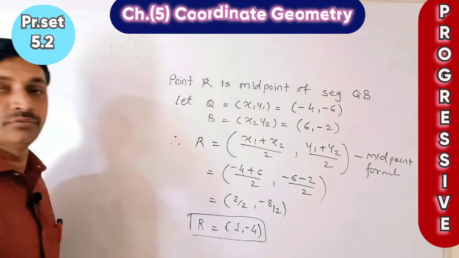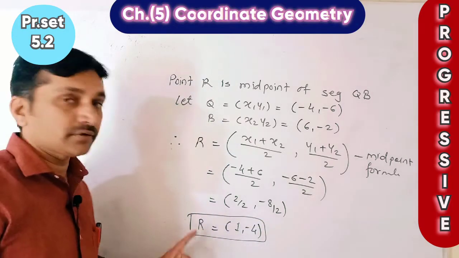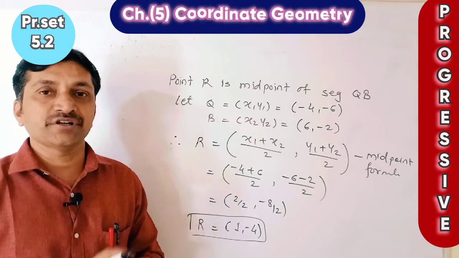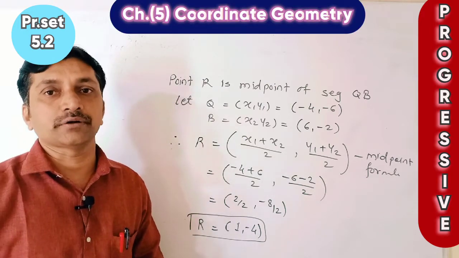These are the coordinates of point R. In this way we got the coordinates of all 3 points, P, Q, R.